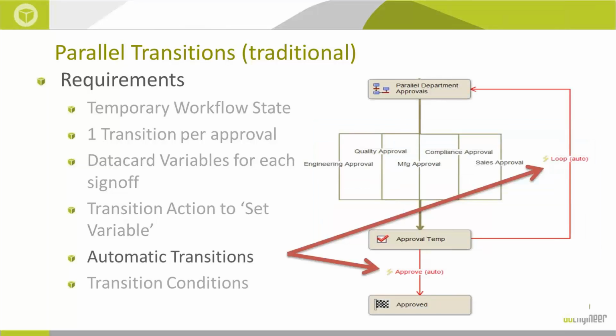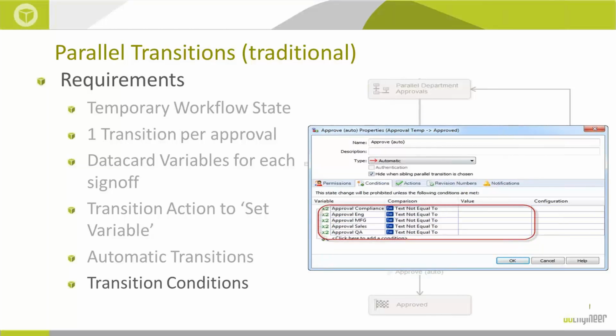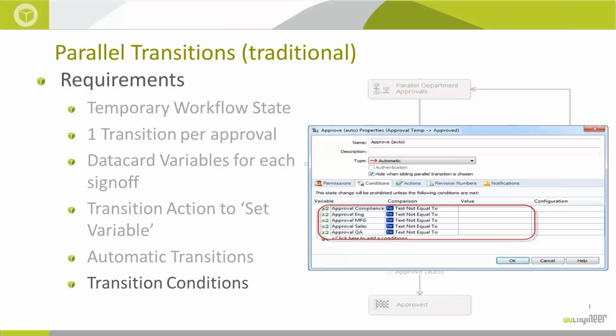So when it goes through the engineering approval transition, I'm going to be setting a variable value for my engineering approval variable so that I can then take some logic here in my automatic transitions, and I apply a set of conditions that looks for blank values or looks for a set of values that are not blank.